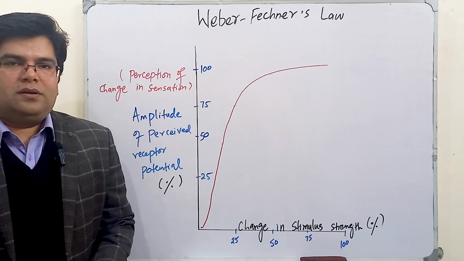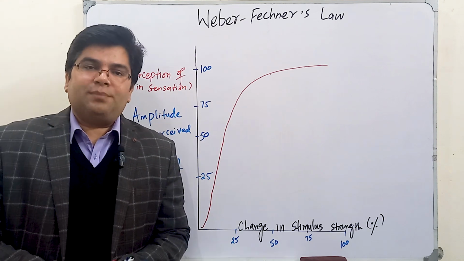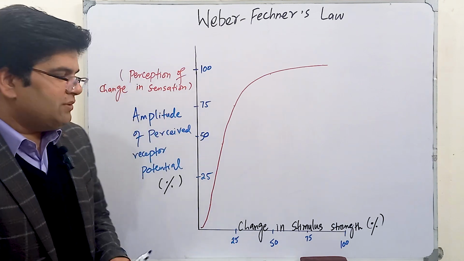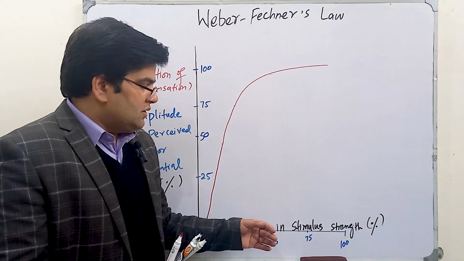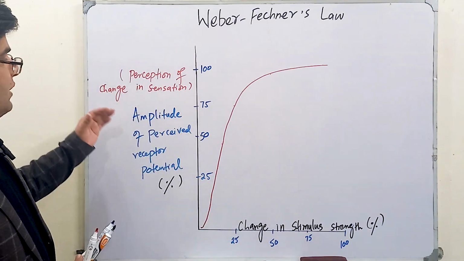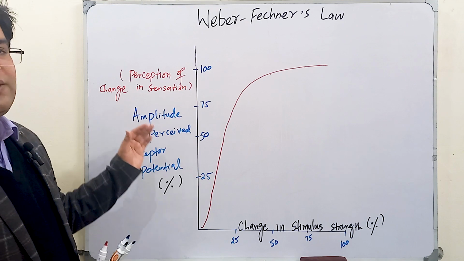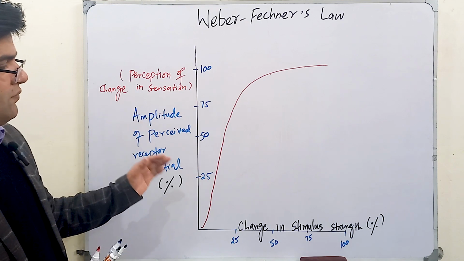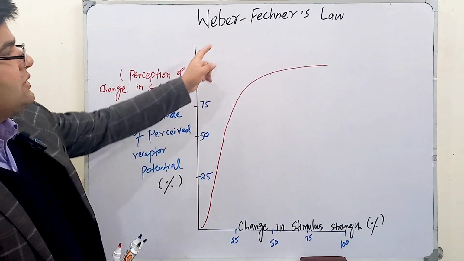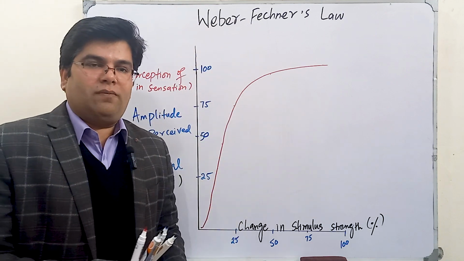Another important property of receptors describes a relationship between the change in the strength of stimulus and the actual perception of that sensation. The graph is shown here, and this is called Weber-Fechner's law.